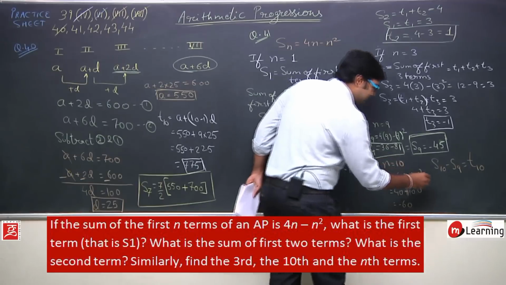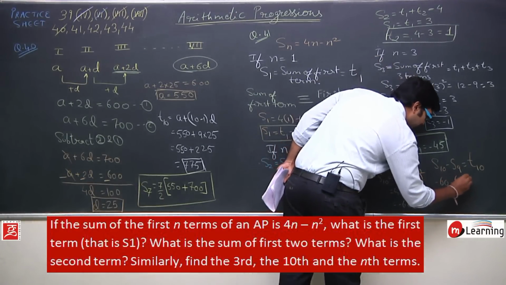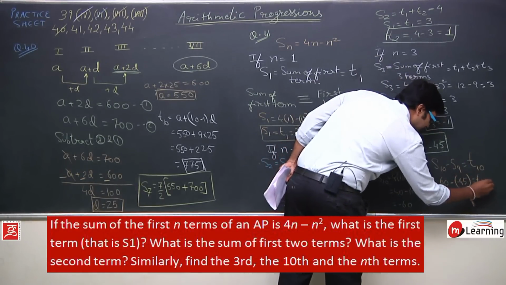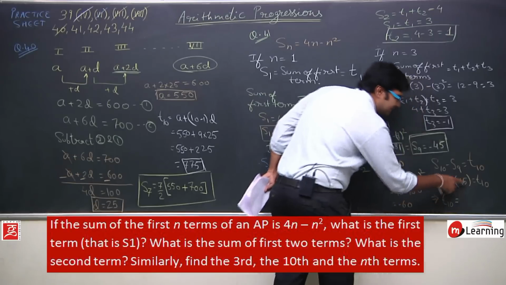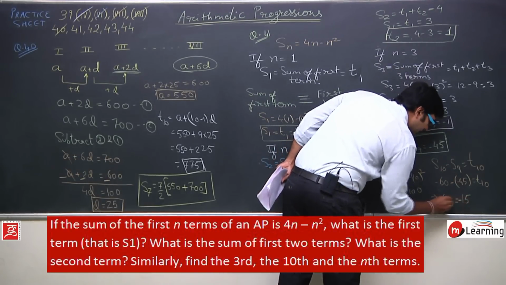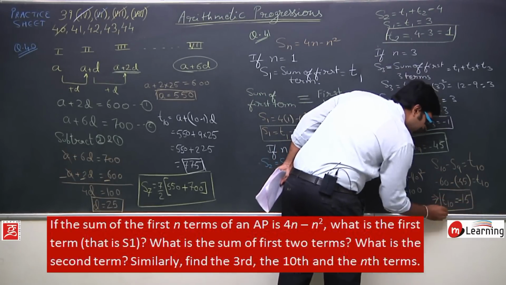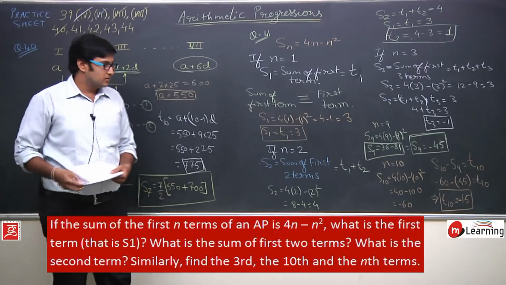So S10 is minus 60 minus S9, which is minus 45, is equal to T10. It implies T10 is equal to minus 60 plus 45, which is minus 15. So the 10th term is minus 15.